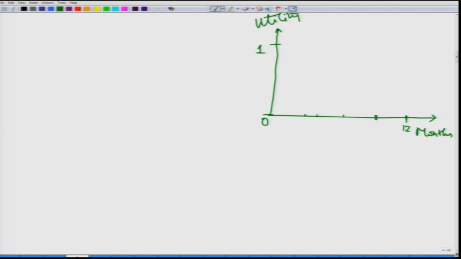Maybe here on the 9th month, the utility came down to 0.5, and it came down from 1 to 0.5 gradually. And then what happened? Till the 12th month, it is 0.75, it increased.